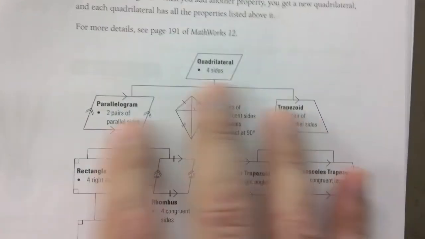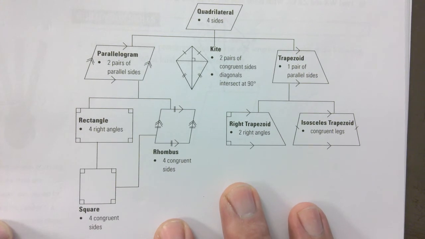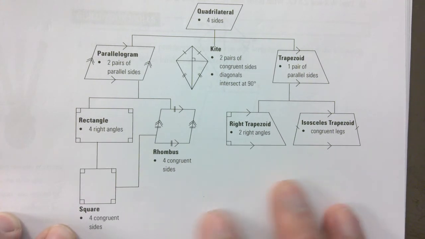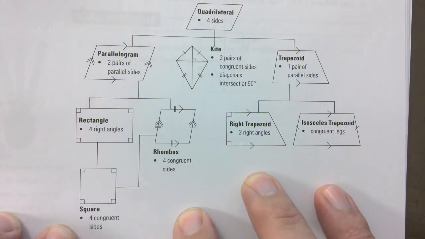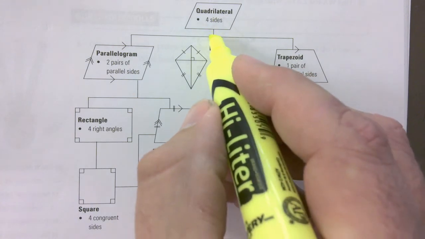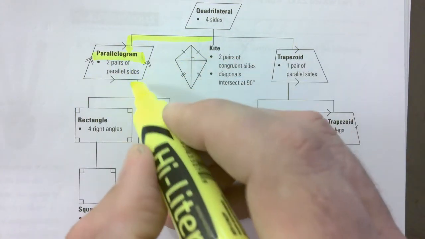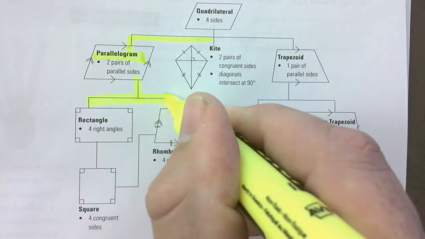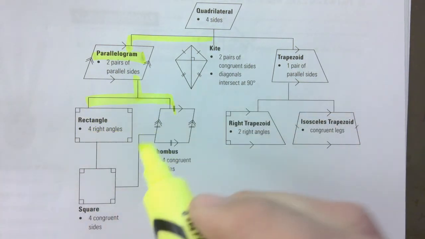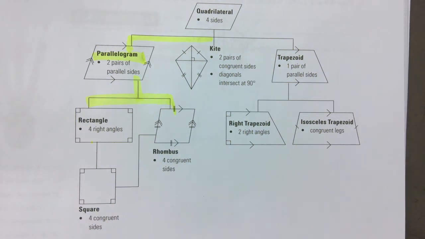And here's just a little diagram on page 192. I find this one is helpful, but sometimes students weren't quite sure. But it's basically telling you if you follow this line here, you have your parallelograms, and under parallelograms you have rectangle or rhombus, and they're also somewhat connected. So I thought, you know what, let's just leave it.